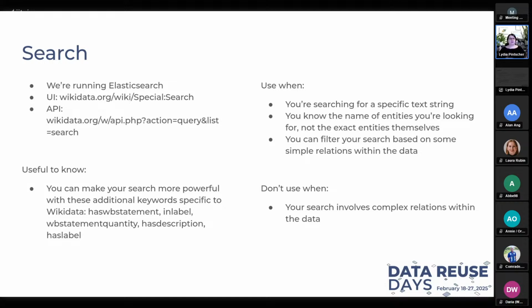So you can say, for example, haswbstatement:P31=Q5, to limit your search to only items that have an instance of human statement. Or you can use hasdescription, haslabel, and so on to limit it to entities that have a label or description in a specific language or any at all, and stuff like that.